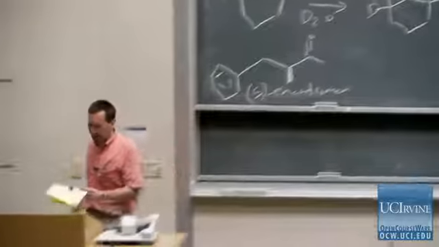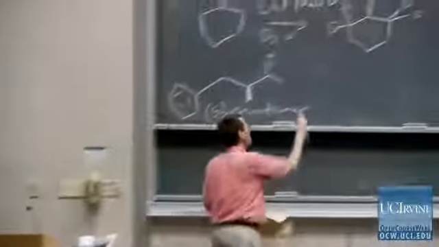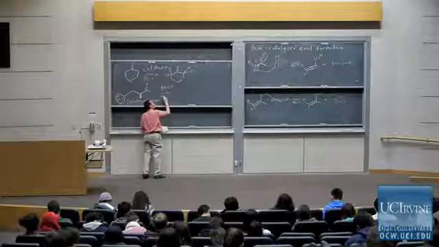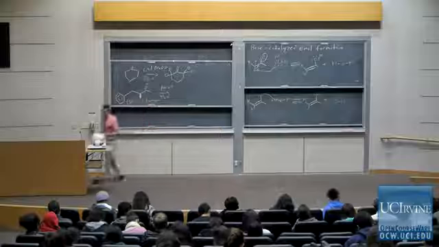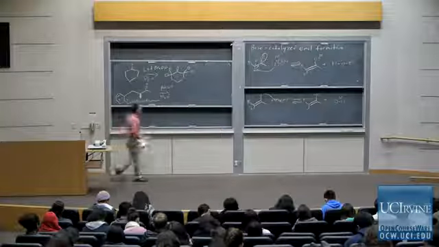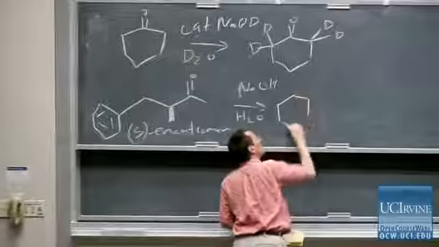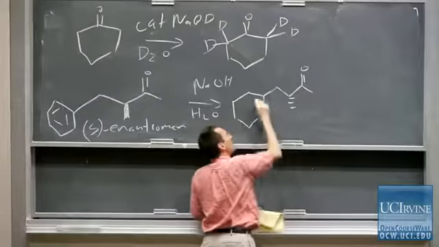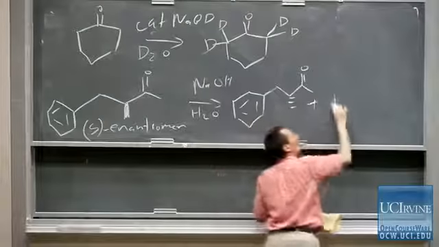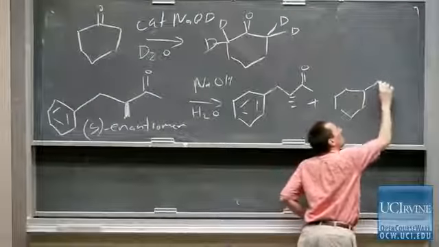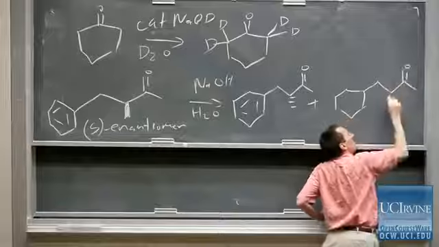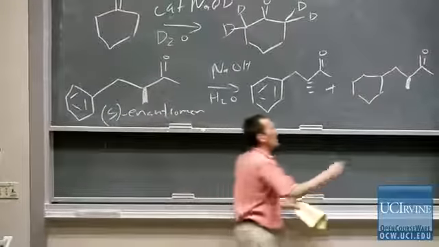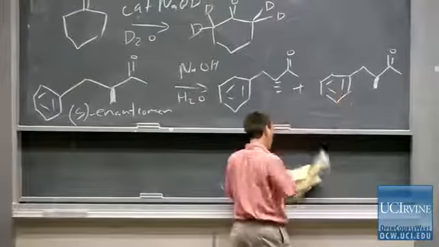And I treat this ketone with, let's say, sodium hydroxide, since we're talking enolate chemistry, sodium hydroxide in water. Then what will happen will be I'll lose my enantiomeric purity. I will get a mixture of the two enantiomers. I will get the racemate. I will get an equal mixture of the R and the S.